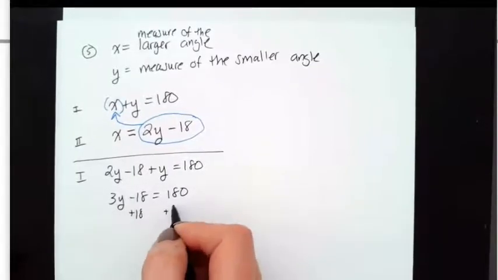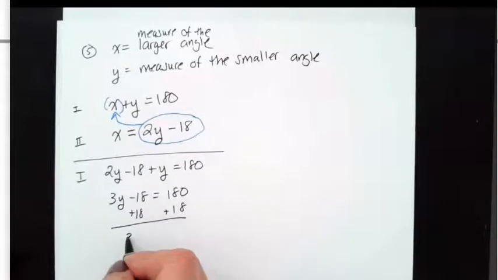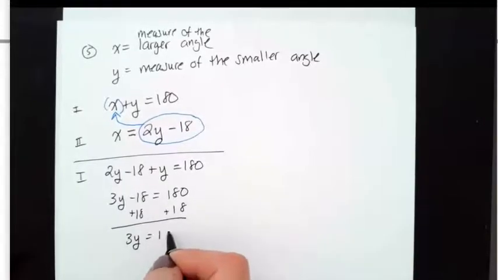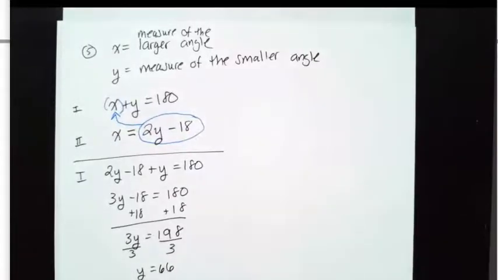Adding 18 to both sides, 3y equals 198. And dividing by 3, I have y is equal to 66. Let me just double check my division there, 198 divided by 3. I just don't want to make any mistakes. All right, so that is 66.